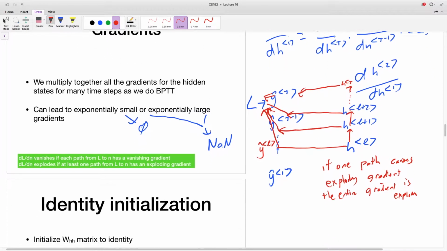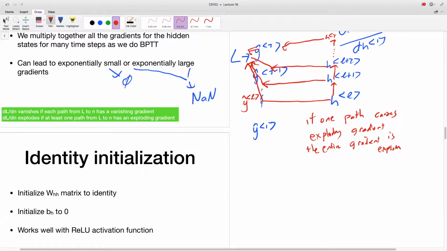However, what about vanishing gradients? How many of these paths do we need to vanish in order for our final gradient to have vanished? All of them, right? As long as we're getting some path that's pushing that gradient, we're going to be able to update this.